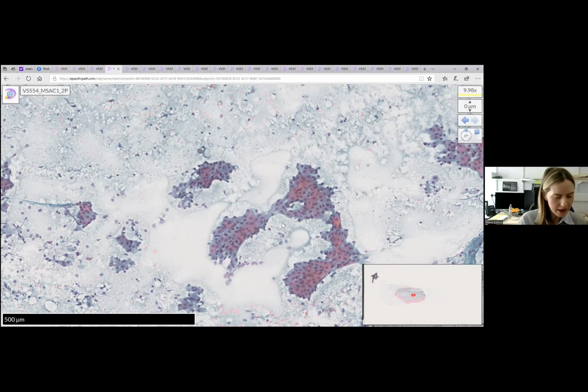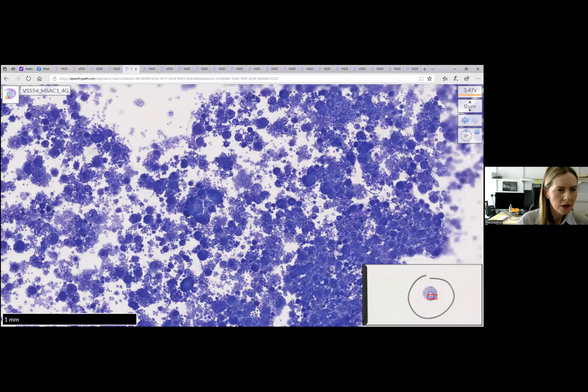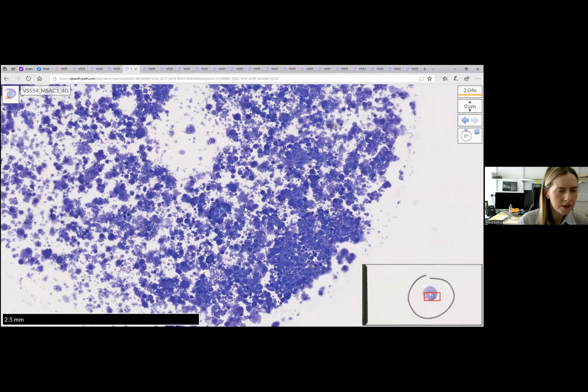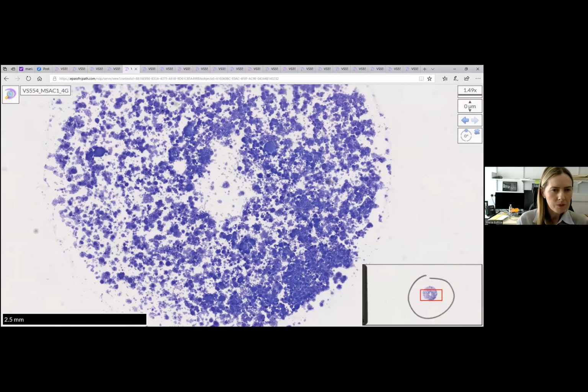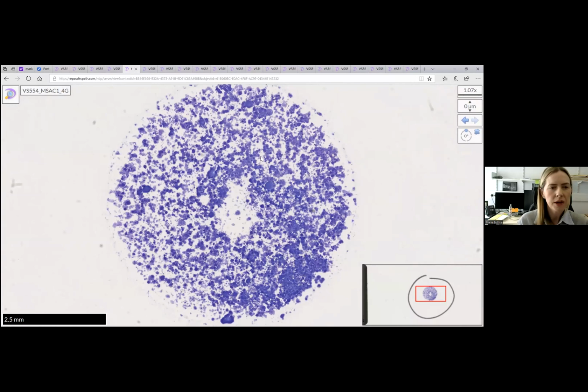Next case. Okay. So case number 3, this is an 80-year-old female with a right-sided pleural effusion, and we have pleural fluid. So I just want to go on low power, so the cyto spins, just to give you an overview.